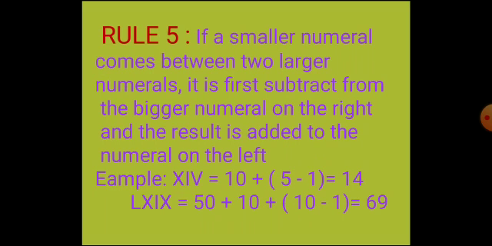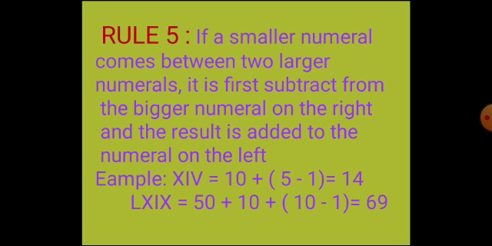That means first we have to subtract that smaller numeral from the bigger numeral on the right side, and the result is to be added to the left side numeral. Let us see an example, then you can understand.